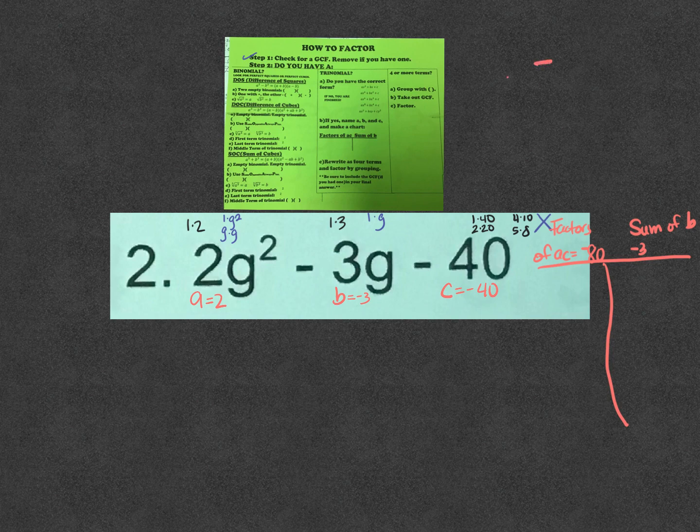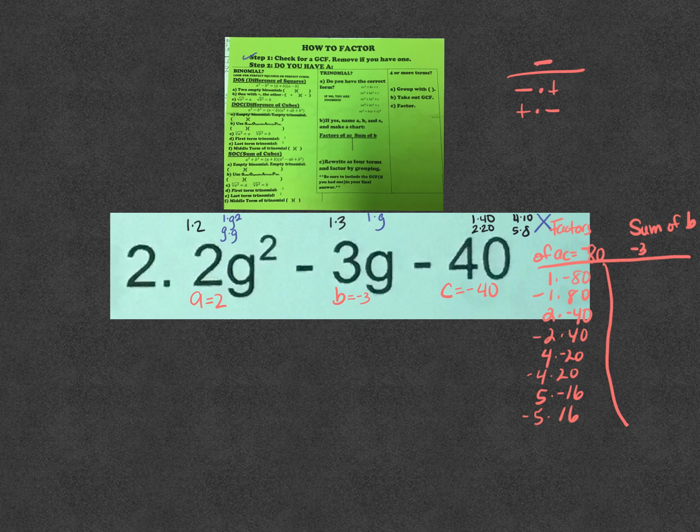To get a negative product, I have to multiply negative times a positive or a positive times a negative. So I'm going to think about 1 times negative 80, negative 1 times positive 80. 2 times negative 40, negative 2 times positive 40. 3 won't go into 80. 4 times negative 20, negative 4 times positive 20. 5 times negative 16, negative 5 times positive 16.